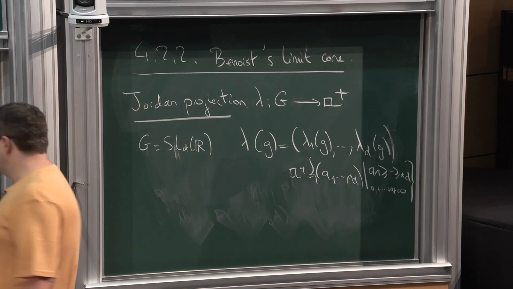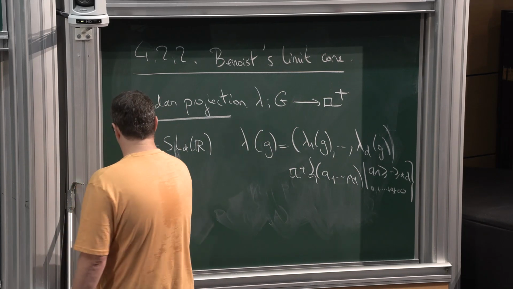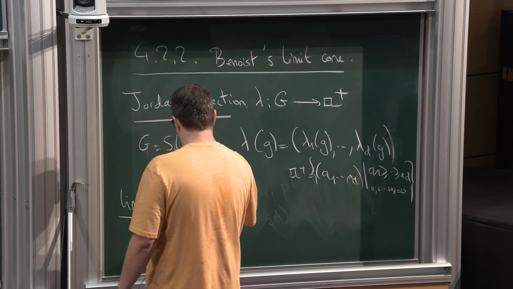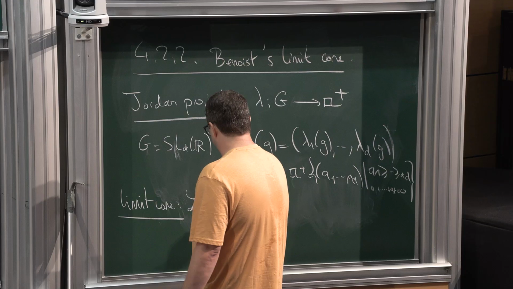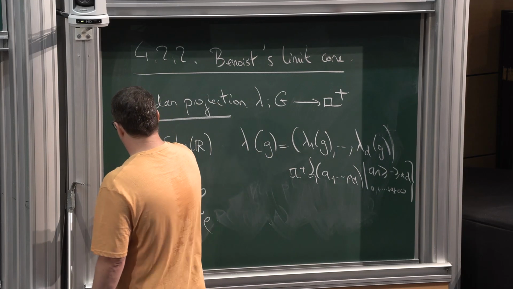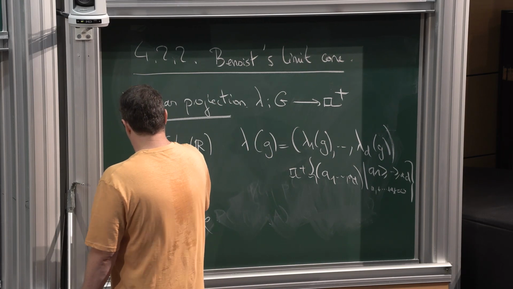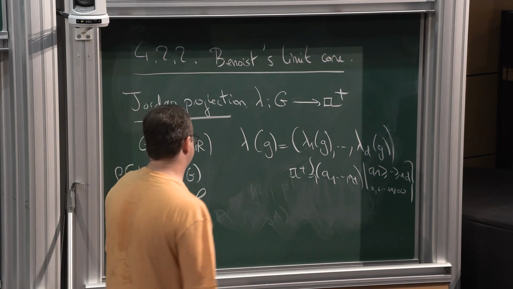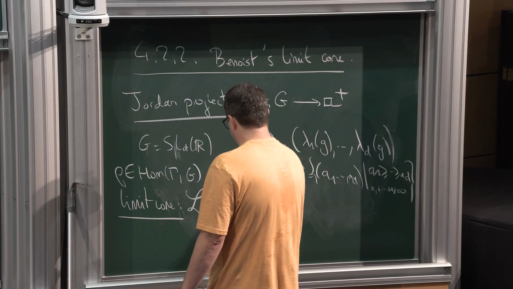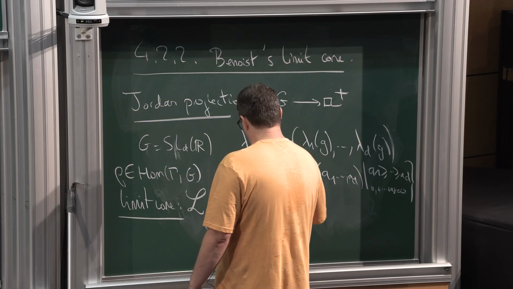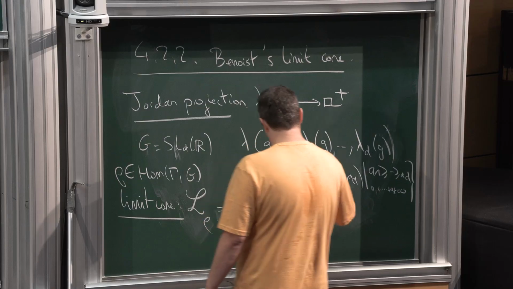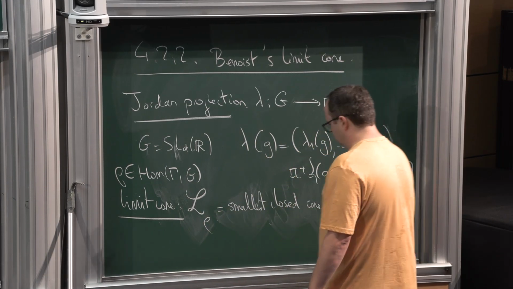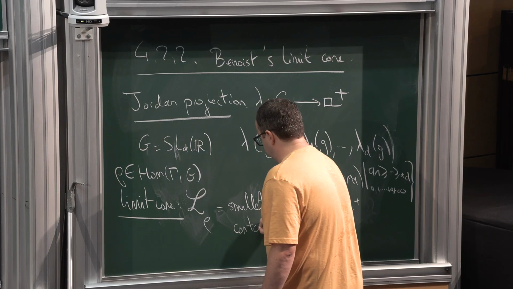And the limit cone: if you have a representation rho of gamma in G, this limit cone L_rho will be the smallest closed cone in A plus containing all the projections of your elements.